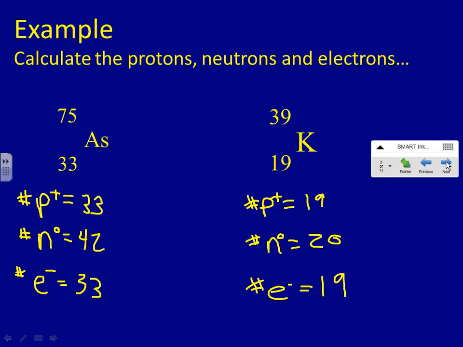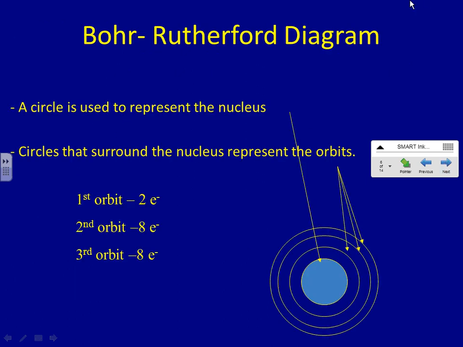All right. So let's now talk a little bit about Bohr diagrams. I do want you to draw this, just to recall Bohr-Rutherford diagrams. We used to just call it Bohr diagrams.